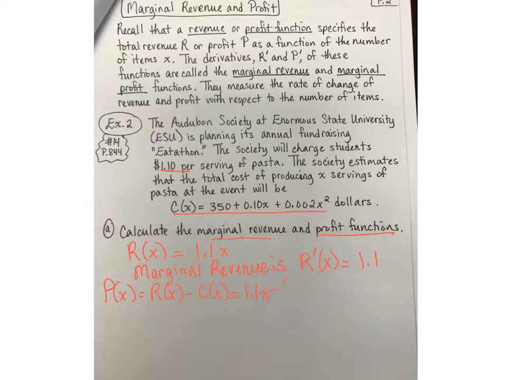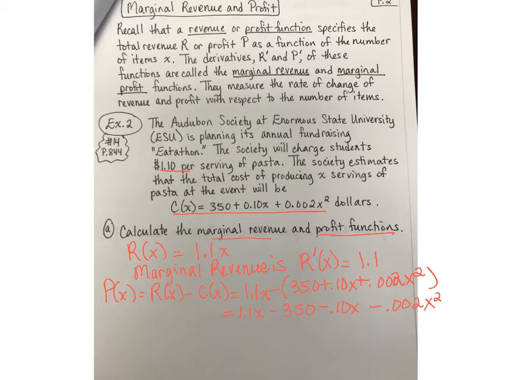So minus the quantity, 350 plus 0.10x plus 0.002 x squared. Now distribute your negative. You get 1.1x minus 350 minus 0.10x minus 0.002 x squared.